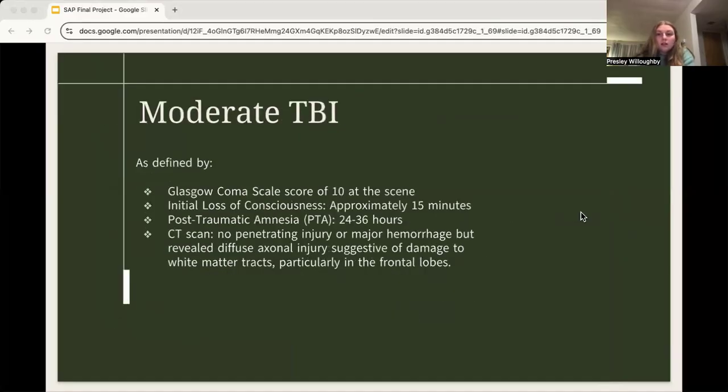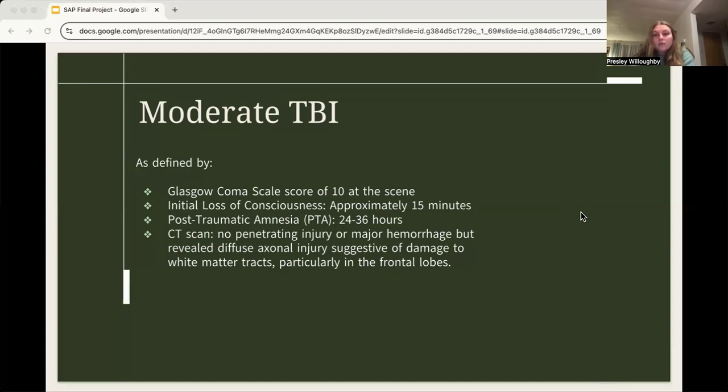So this is just a little bit more specific information about his moderate TBI diagnosis. At the scene, he had a Glasgow Coma Scale score of 10, placing him in the moderate category. He experienced approximately 15 minutes of loss of consciousness, followed by 24 to 36 hours of post-traumatic amnesia.